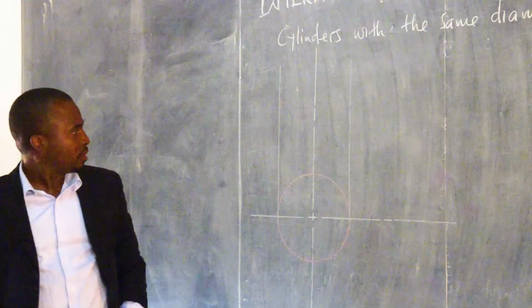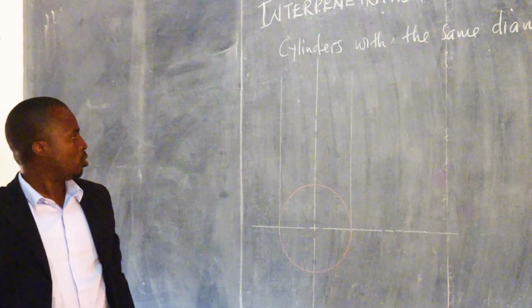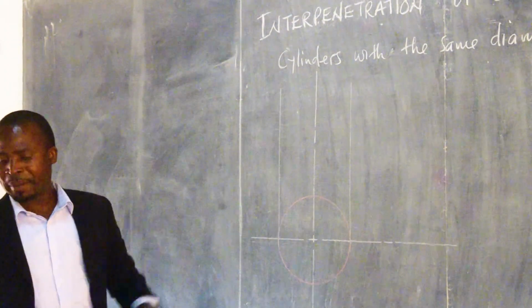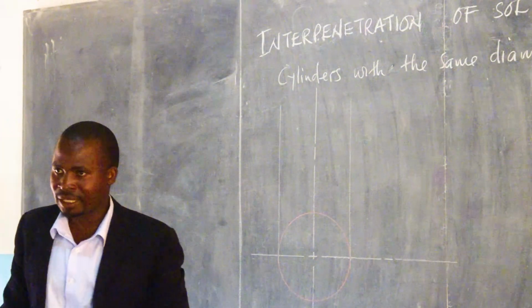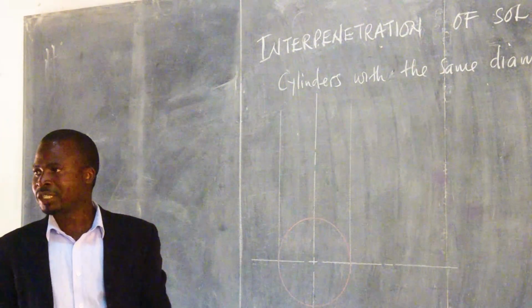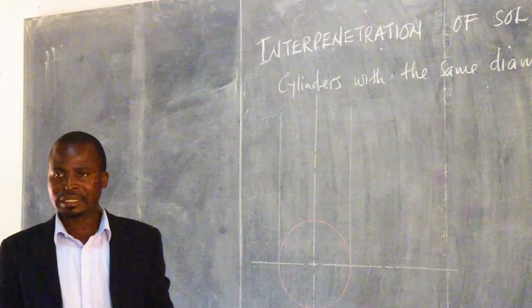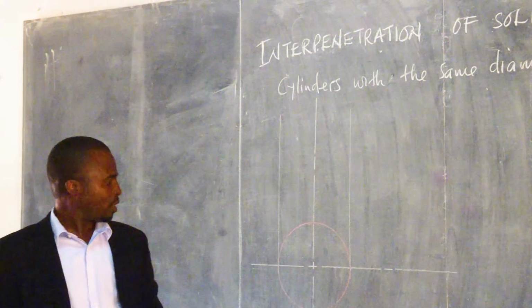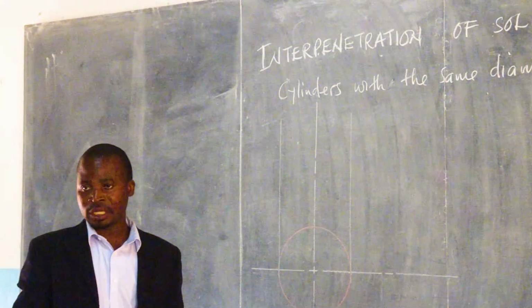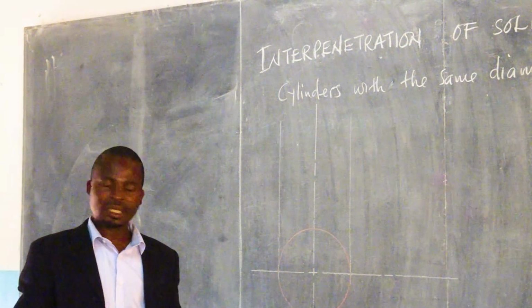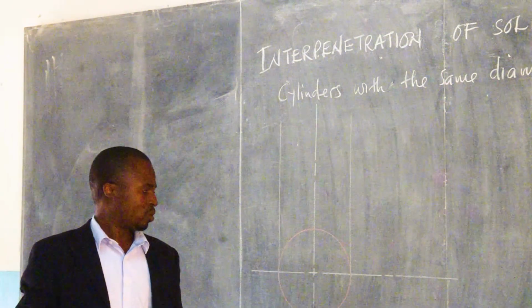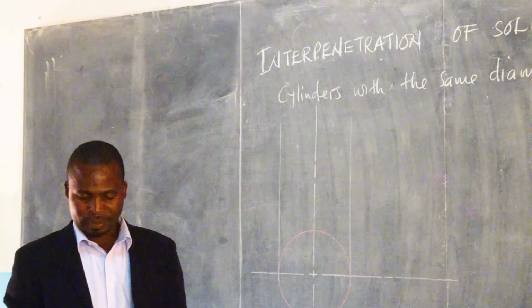After drawing that line, you are going to construct the plan now according to the measurements that you are going to be given. For example, they give you height to be 100. Then the diameter, for example, is 40 millimeters, which is half of this from here to here is going to be 20.